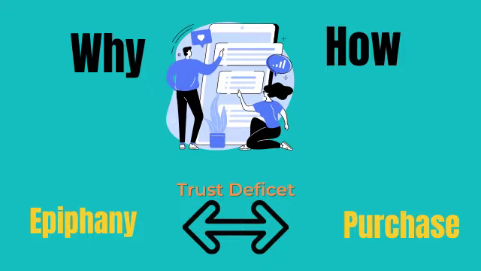Because one of the largest purposes of marketing, besides helping get leads, is that you're really trying to reduce the trust deficit. When someone goes from epiphany, when they say, oh, I need a solution, to when they purchase, there's a space between that epiphany and purchase, and that's the trust deficit, or that's what I call it, right? And what you want to do as a marketer is help reduce that space, so the decision-making process becomes shorter and they learn to trust you sooner, so they're more willing to purchase from you.